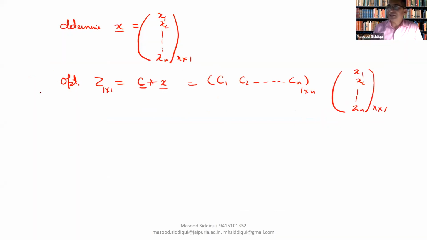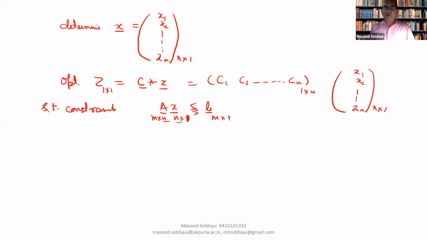And then we have the subject to constraints. Here we have AX less than or equal to, equal to, or greater than or equal to B. The order of A is m cross n, the order of X is n cross 1, and the order of B is obviously m cross 1.